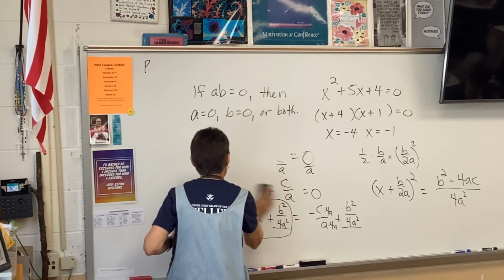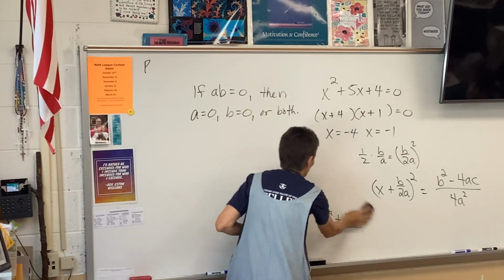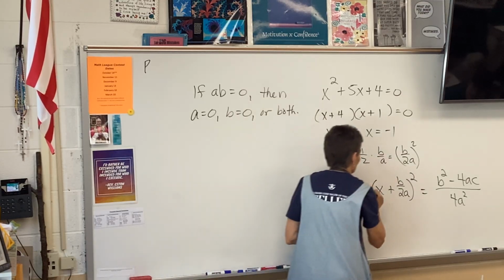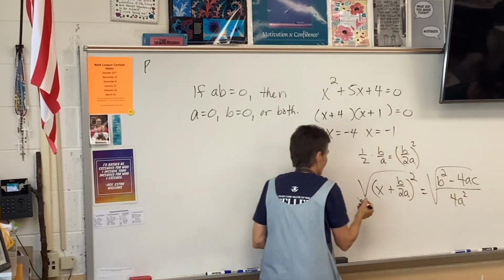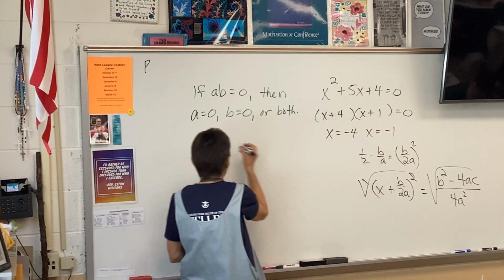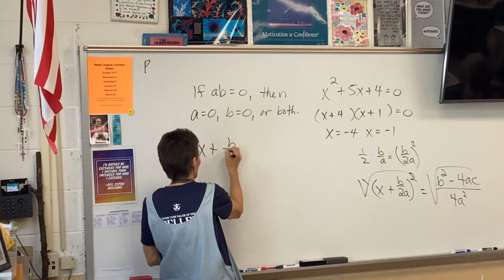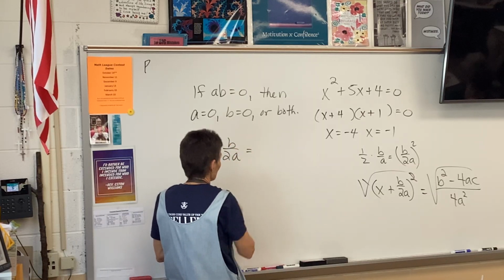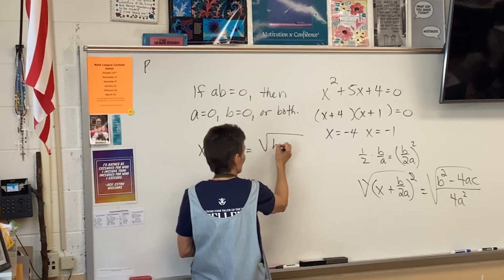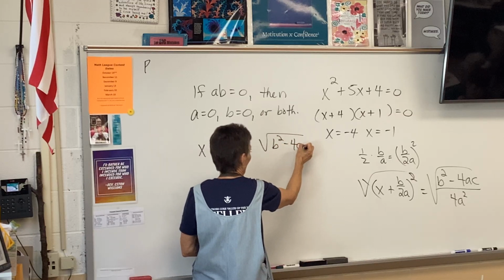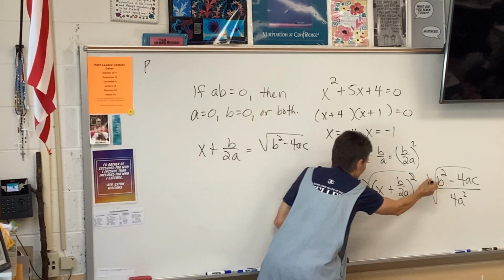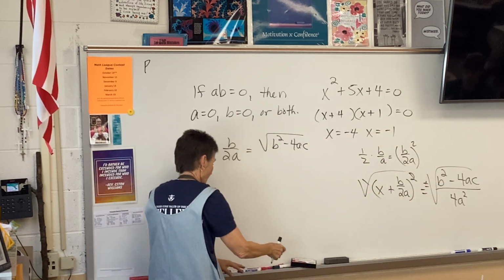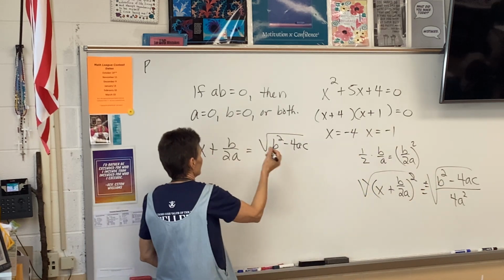Square root. And when I square root, these go away, right? So I have x plus b over 2a. I can't do anything with the top. Oh, by the way, when you square root, you get the plus or minus on one side or the other.